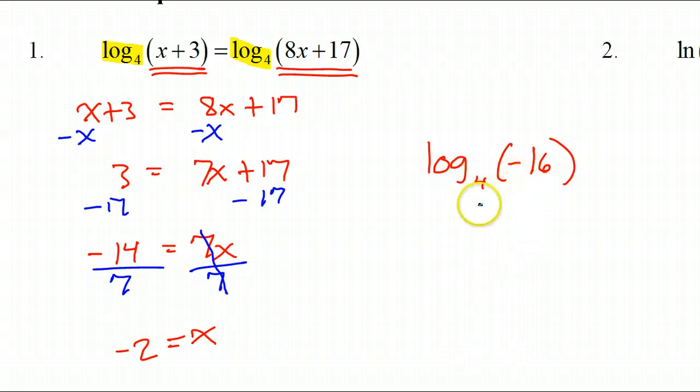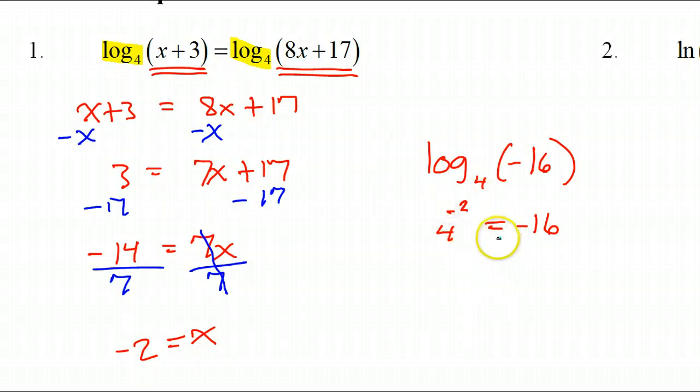Here's why this does not work. Remember, this means 4 to the what power is equal to negative 16. Now look, 4 here is a positive number. Is there any way that some exponent is going to suddenly turn that into a negative number? No. Even if I say negative 2, for example. Maybe you're thinking, what about a negative 2, Mr. Burton?